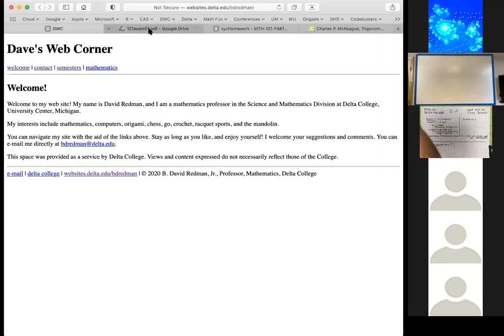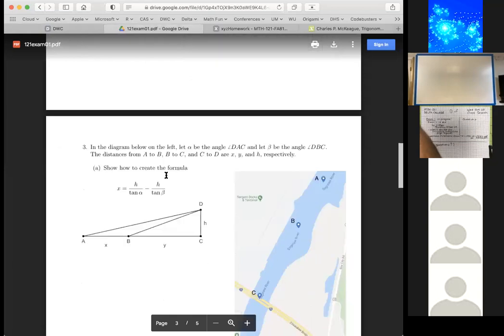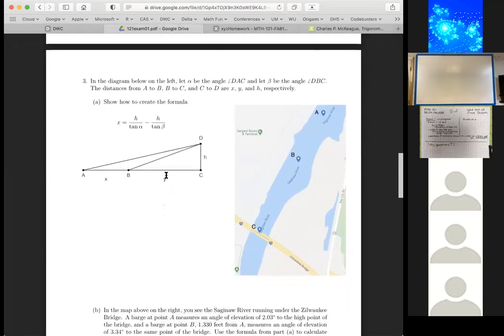Back to the browser. Problem 3A, you're referring to this problem right here. Yes, so you have a diagram with the x and y and h labeled as the lengths of sides of triangles. The alpha and beta are the angles at A and B, labeled DAC and DBC.